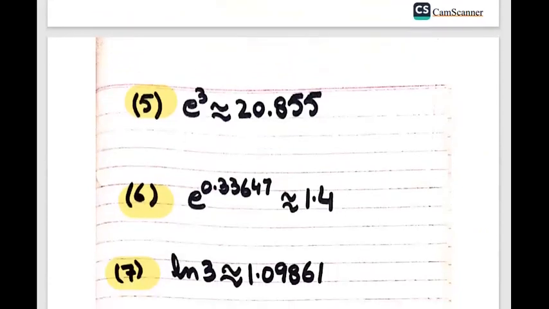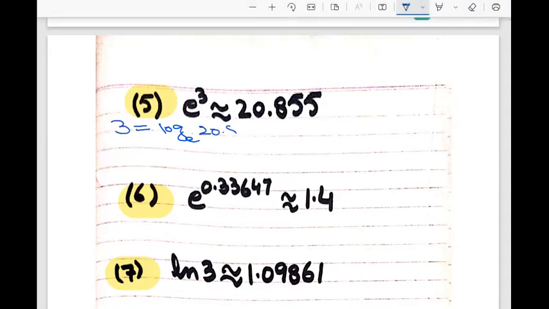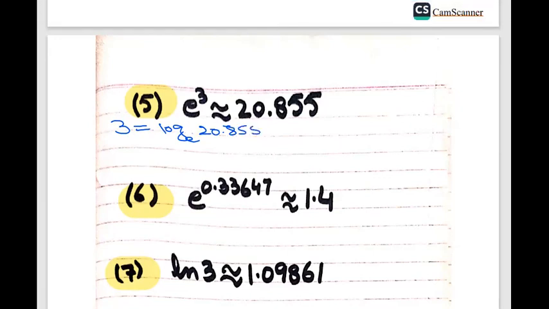Next question is to convert this exponential form into logarithmic form. So we write log with base e, and the power of the exponential function is the solution of the logarithmic function. So 3 is placed over here, and 20.855 is placed over here.